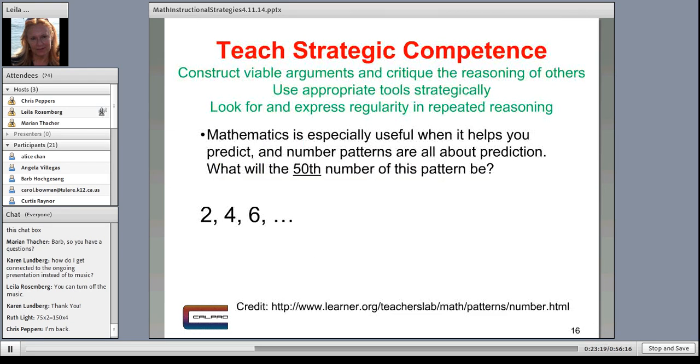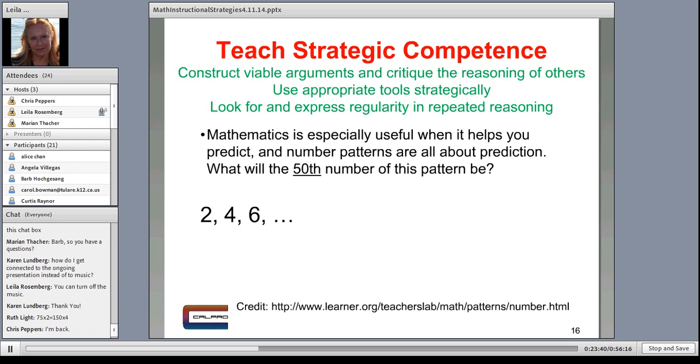Now let's see another way to teach strategic competence, which is through patterns. A beginning student starts simply by counting. They count by ones, then by twos, by fives, by tens. These patterns give students a natural strategy to understand addition and multiplication.